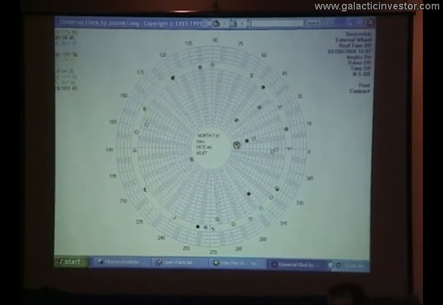You can put your mouse over the planet in the universal clock and you'll see the positions. There's the North Node, 18 Taurus. Here's Jupiter, 18 Virgo. There's the Sun, almost at 18 Capricorn. Neptune at 12 Aquarius. These are all multiples of 24.